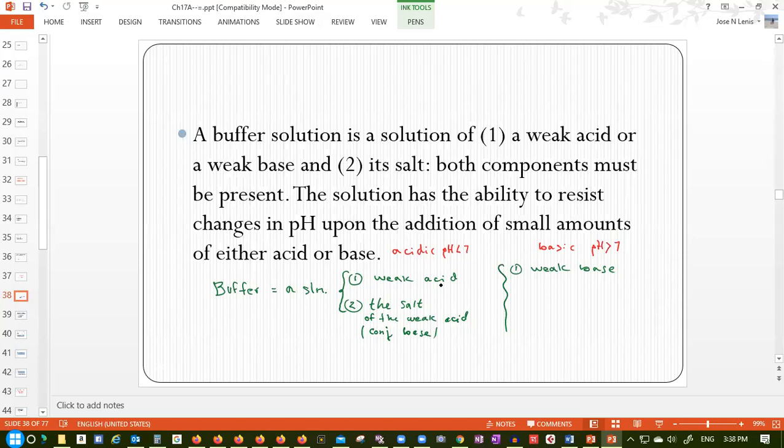You need a weak acid and you need a salt of the weak acid. In other words, you need the conjugate base of the weak acid. You need to add this independently. Remember, when you add the weak acid into the water, the weak acid is going to form some conjugate base.